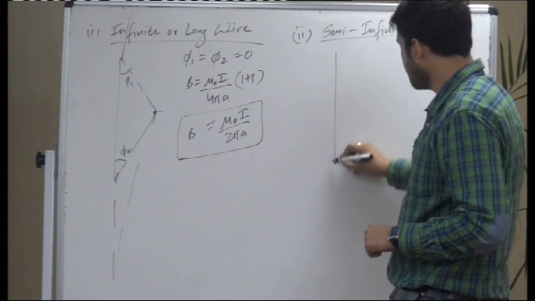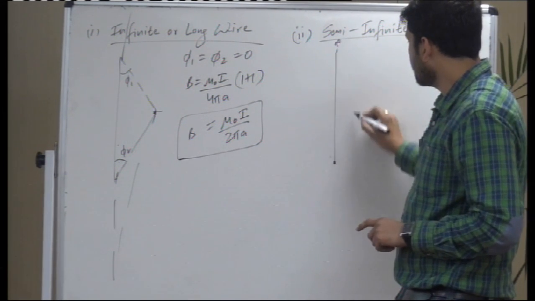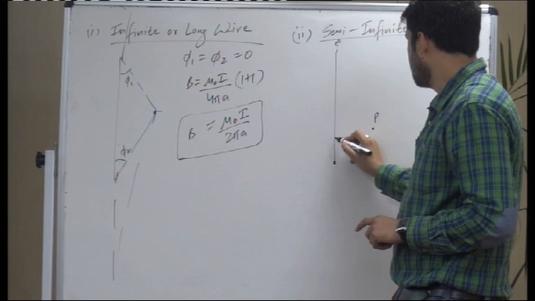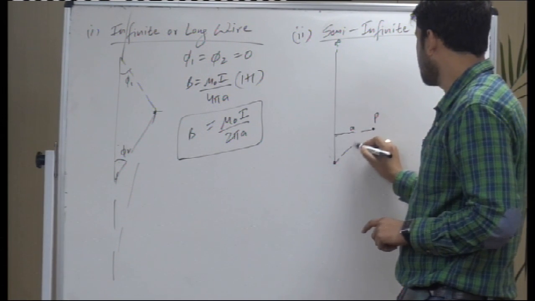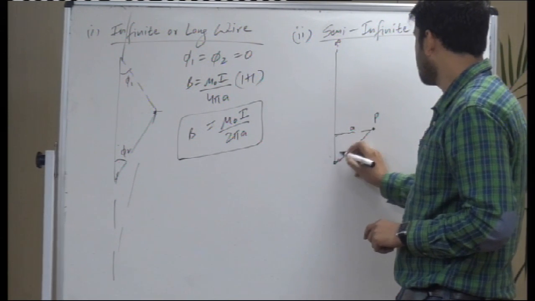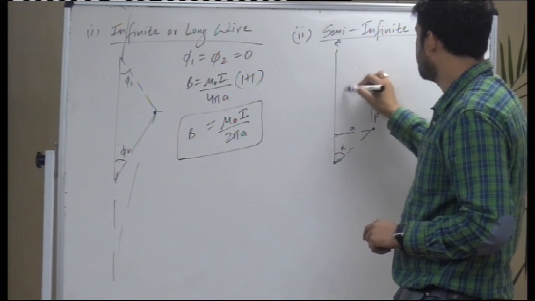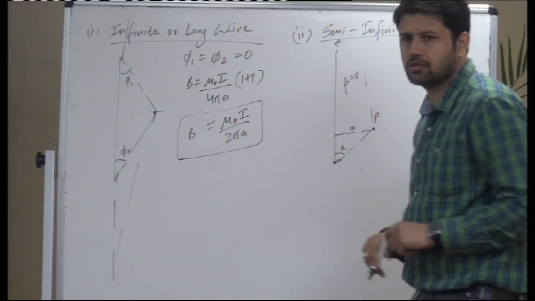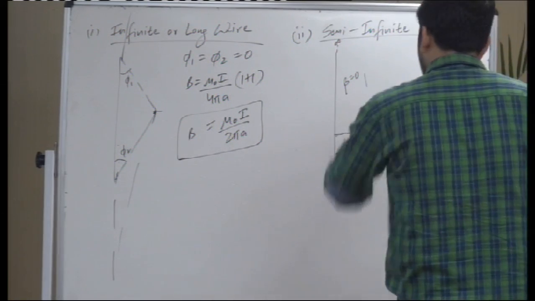This kind of wire: one corner is known, the other corner is at infinity. Here is the point. This is A. This angle is alpha and beta is 0, something like this. Is it okay? One corner is known.